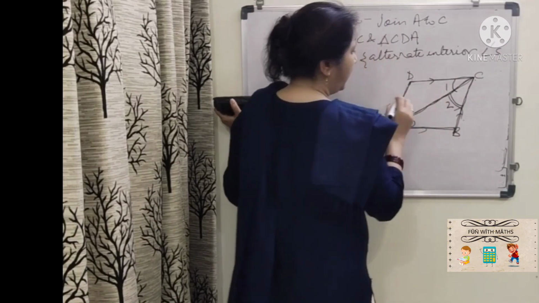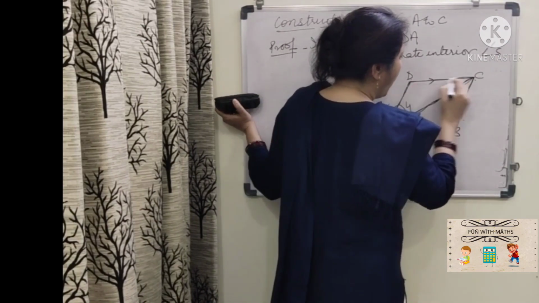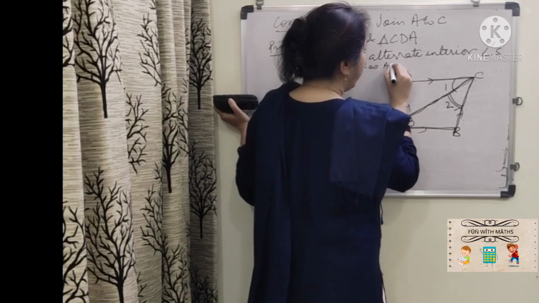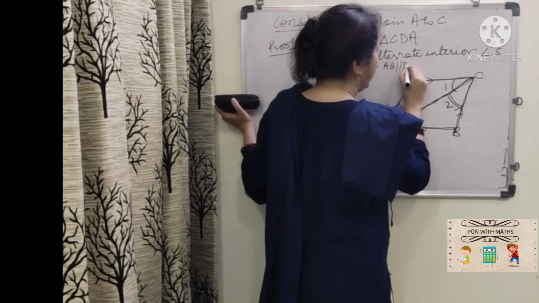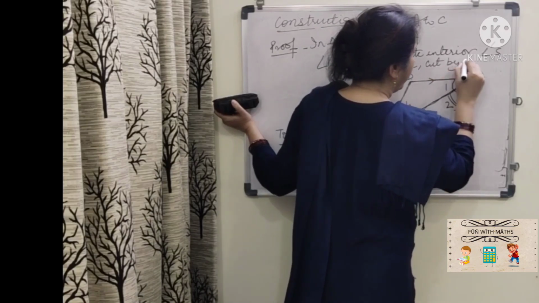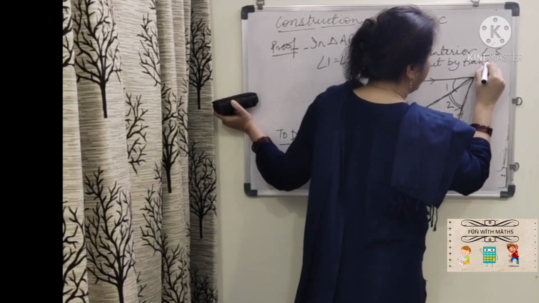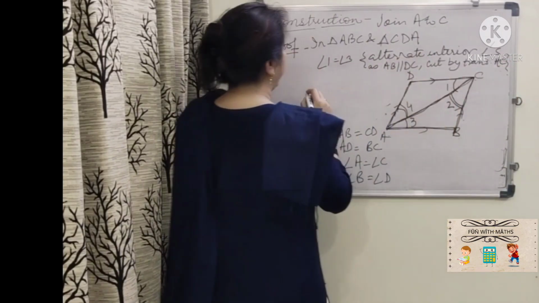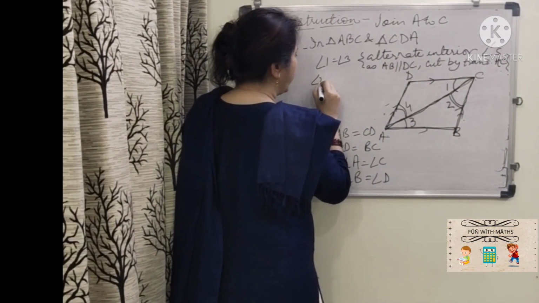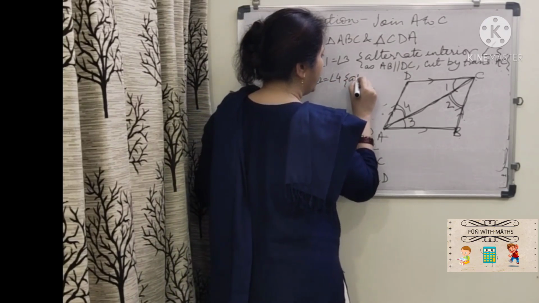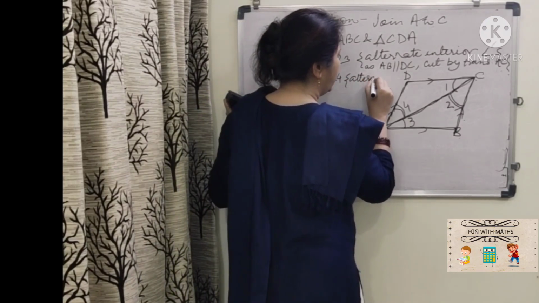We will tell how come angle 1 is equal to angle 3, as AB parallel to DC cut by transversal AC. Fine. Now second thing, we will write angle 2 is equal to angle 4. Same reason, alternate interior angles.